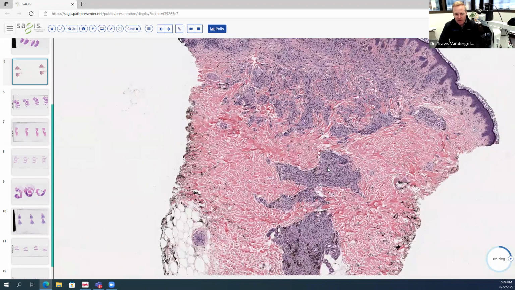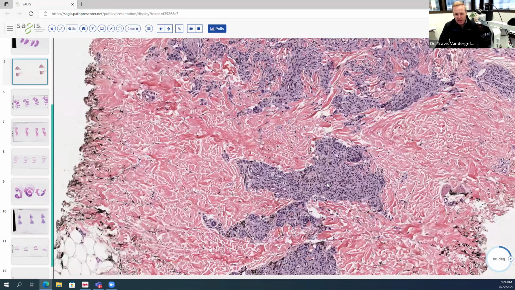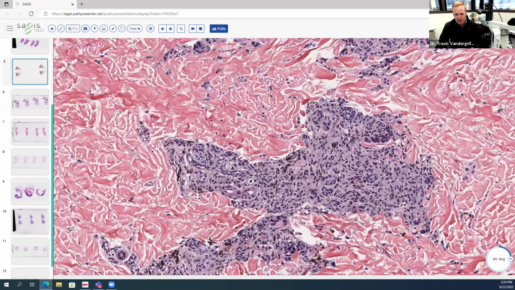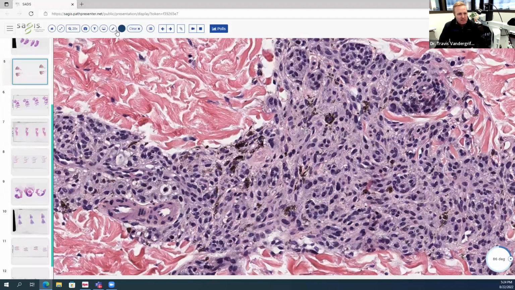They are heavily pigmented, and they can have a spindle morphology. So instead of being just round, sometimes the melanocytes in a deep penetrating nevus will become spindle shaped.